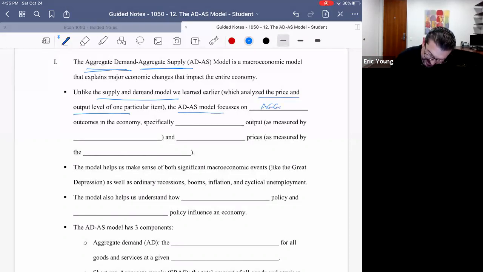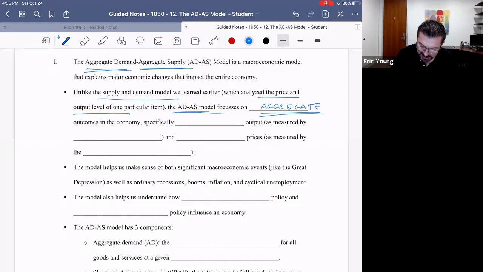So the ADAS focuses on aggregate outcomes, which means total or economy-wide. So we're not going to be focusing here on the market for one item. We're going economy-wide. We're at the aggregate total level.